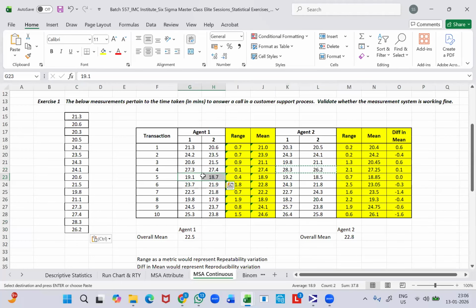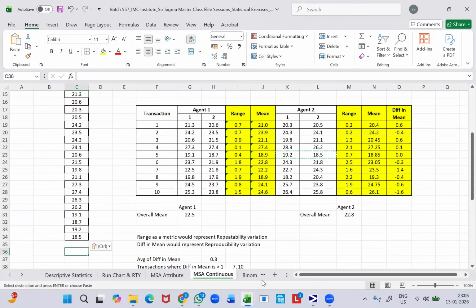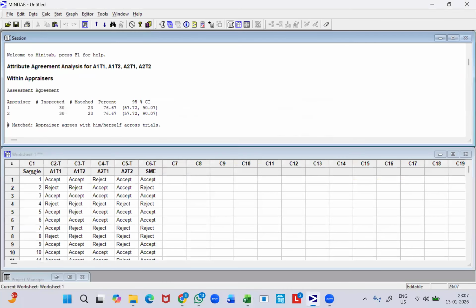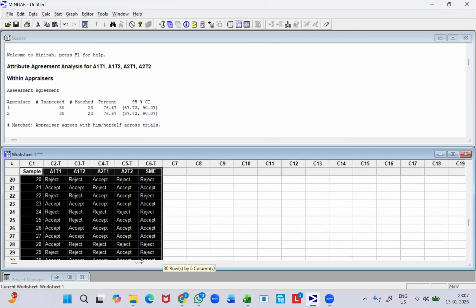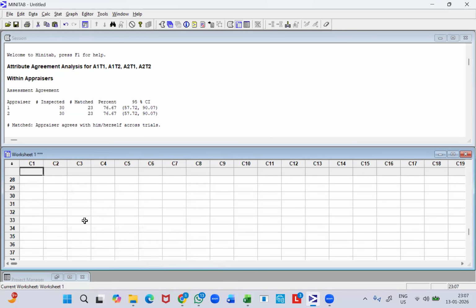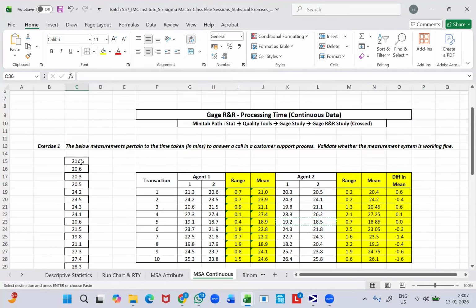And then the fifth transaction. Let me copy paste all these values pertaining to the first five transactions. The balance five transactions we will copy paste later. So for that, let me just erase this discrete data MSA input values. And then in column number 3, let me copy paste all these time measurements.